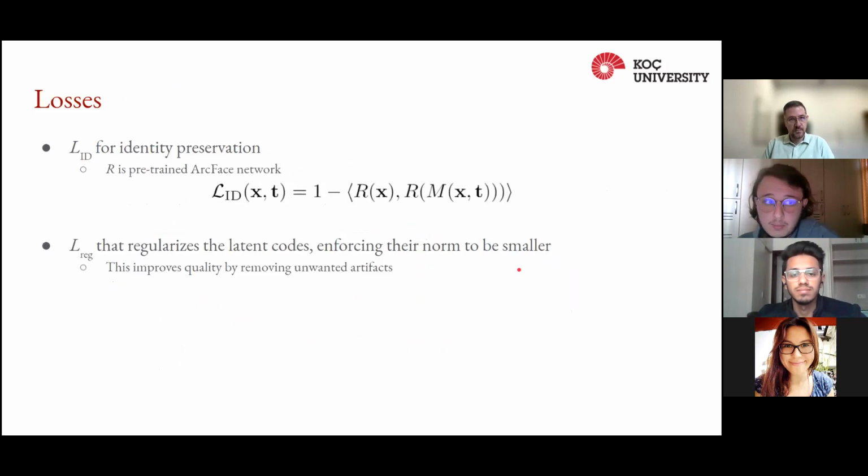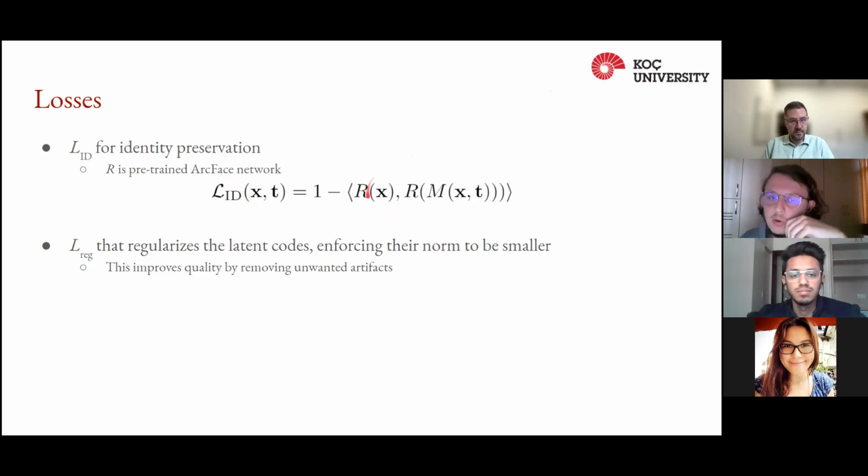And we have an important loss, the identity preservation loss. Ideally, when we manipulate the images using text descriptions, we want to keep the identity the same as much as possible. To serve this purpose, we have a pre-trained ArcFace-based network, which can measure the identity similarities between 2 images.